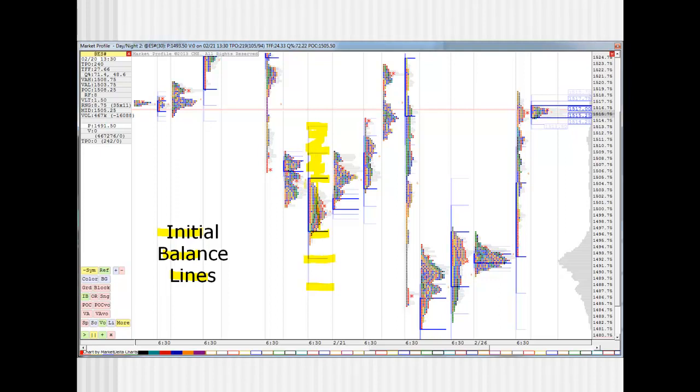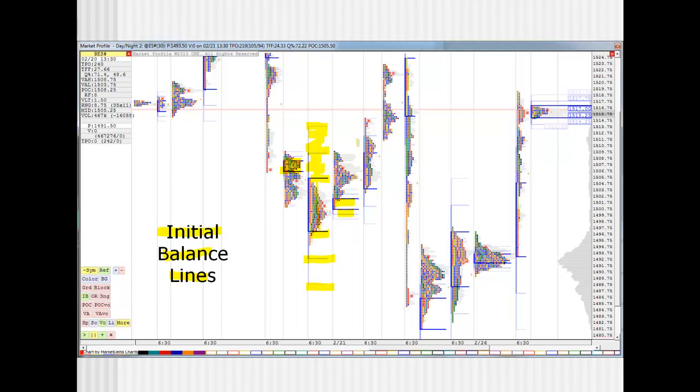Another thing I want to quickly highlight for you is that the day session reference lines for the initial balance are far more critical and usually more respected in the market than the evening sessions. Usually the evening session initial balance, that first hour, is a very narrow, tight range, as you can see here, and as you can see here again.